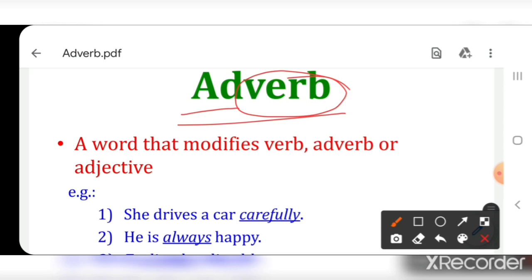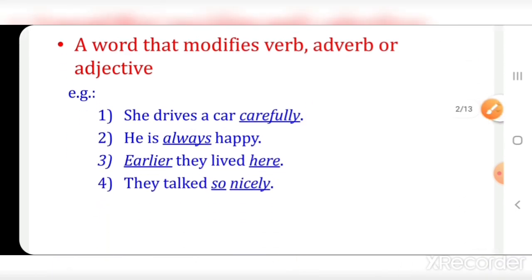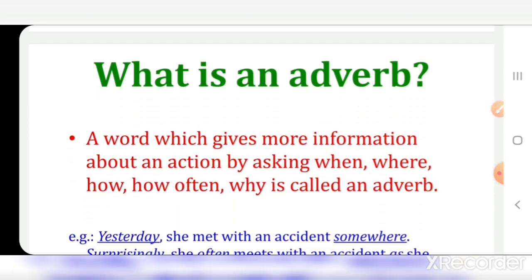These words. Okay? When we ask questions about any action by asking why, when, how, where, how often, we get particular words which are nothing but adverbs.